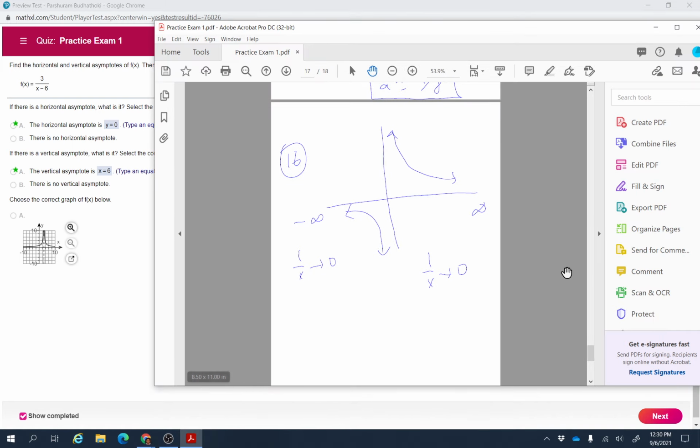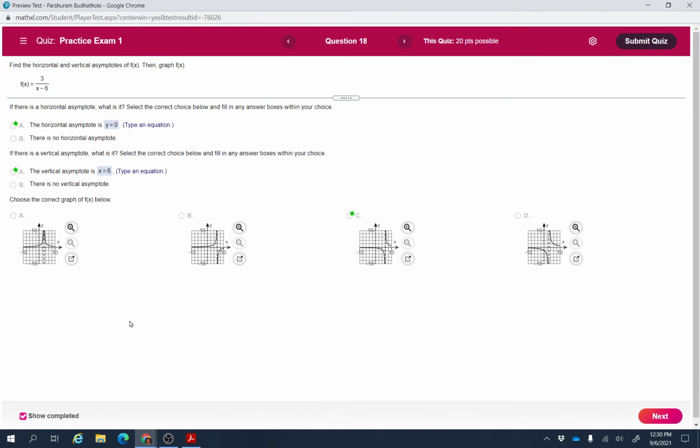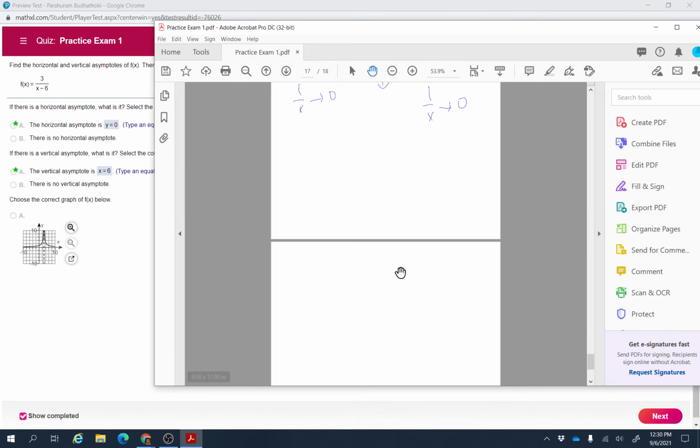As you can see in this problem, which is problem 18, there is no degree on the top, just a constant term, and the degree on the bottom is 1. So when x approaches positive or negative infinity, it approaches 0. So that's the reason y equals 0 is the horizontal asymptote.